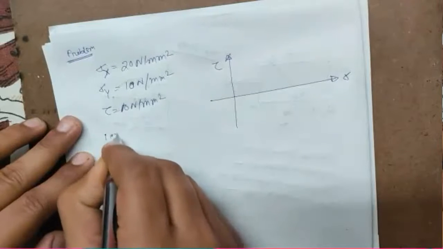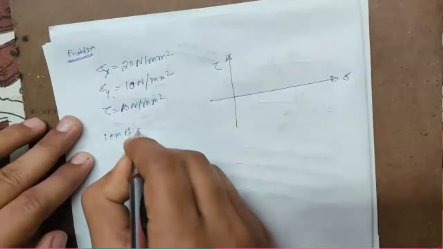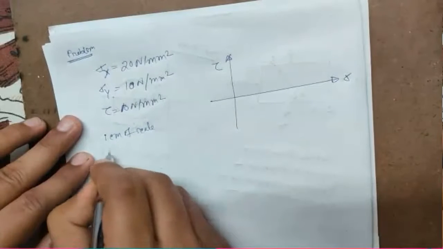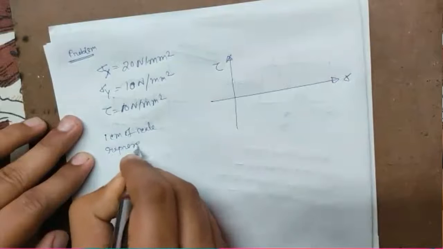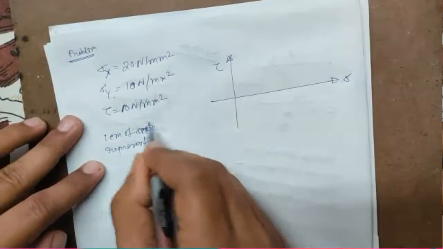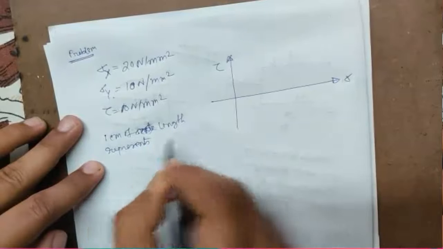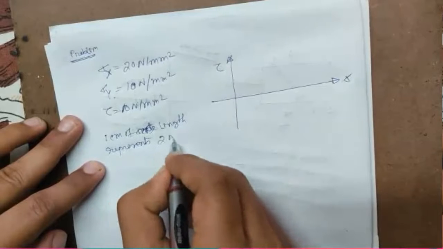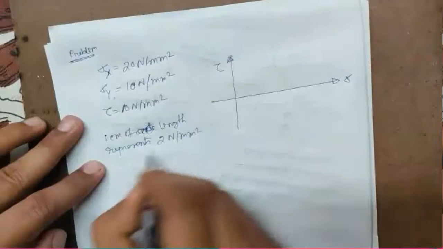So you can take 1 centimeter of scale represents, so 1 centimeter of length represents 2 Newton per millimeter square.